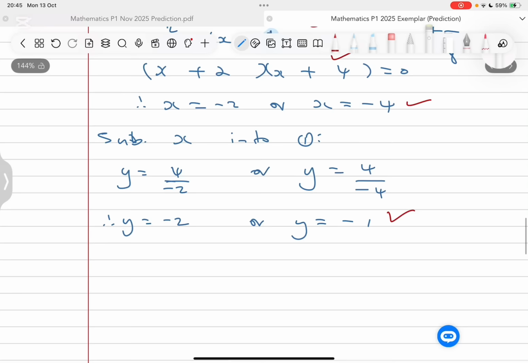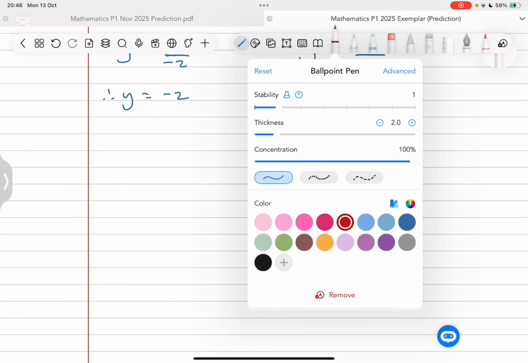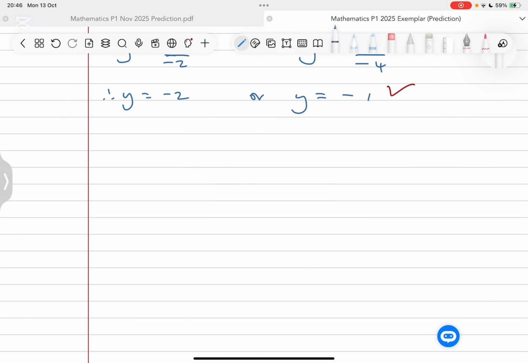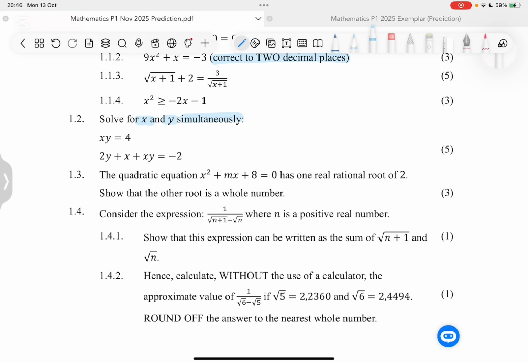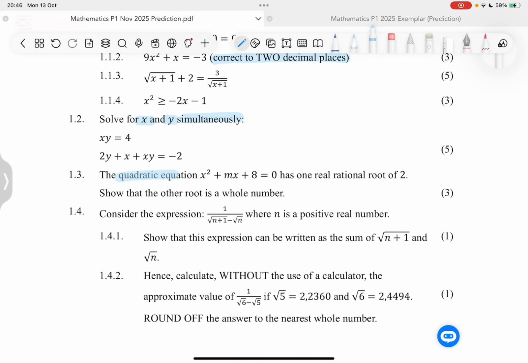So in question 1.3, we are told here that the quadratic equation x squared plus mx plus 8 is equals to 0 has one real rational root of 2.